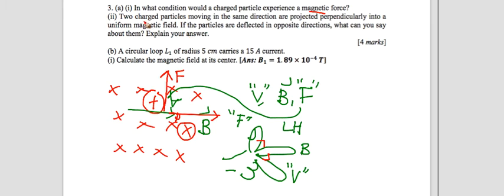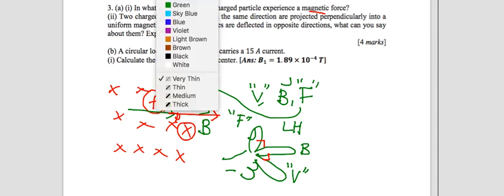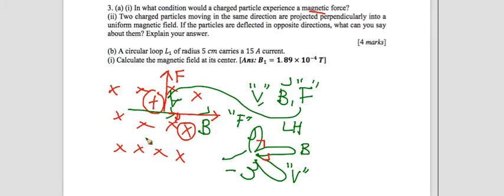And number 2, two charged particles moving in the same direction and projected perpendicular into the uniform magnetic field. Let's say the same diagram here. You have the positive charge, and we have another charge here, a negative charge, and the particles are deflected in opposite directions.